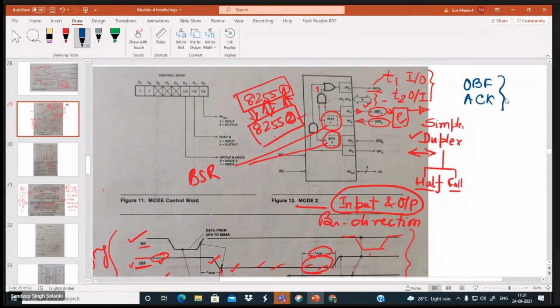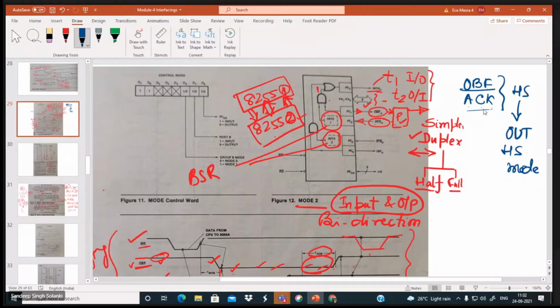These two handshake signals are utilized when you are in output handshake mode. OBF stands for output buffer full. ACK stands for acknowledge.